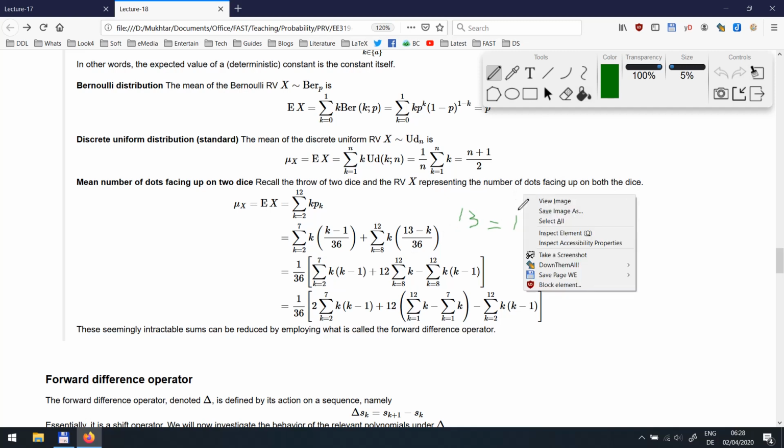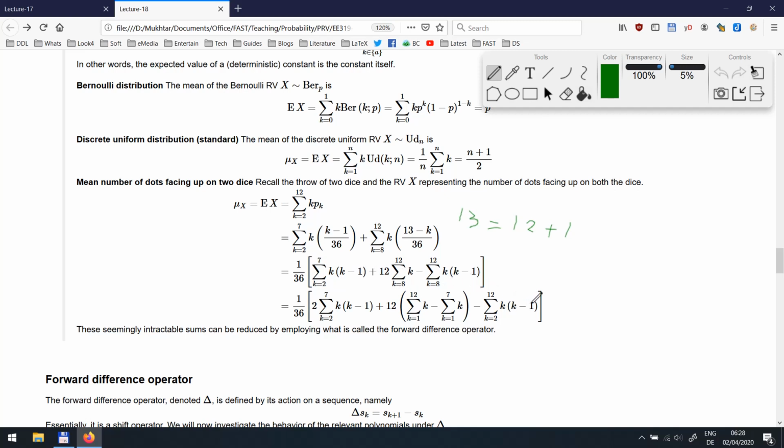That 12 is multiplying this k, and that 12 has to be divided by 36. So that's why we still have that 36 here, and that 12 has to multiply this k, and the summation is not going anywhere, so you still have the summation. So we have basically three sums.